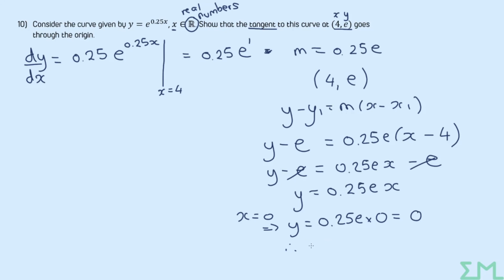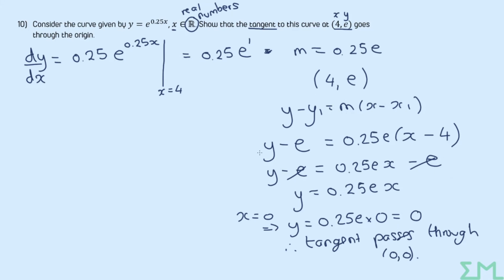Therefore, just make a little conclusion here, tangent passes through (0, 0). We have shown what they have asked for. Make sure you're very explicit in what you're doing. Communicate to the examiner well to make sure you get all of those lovely marks.